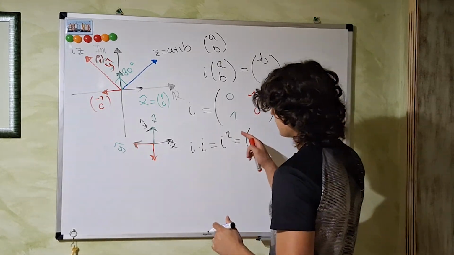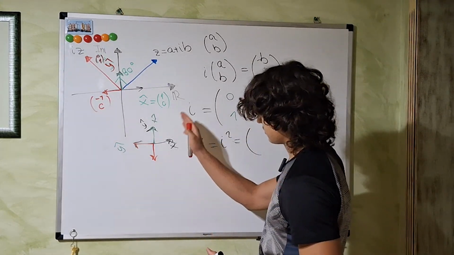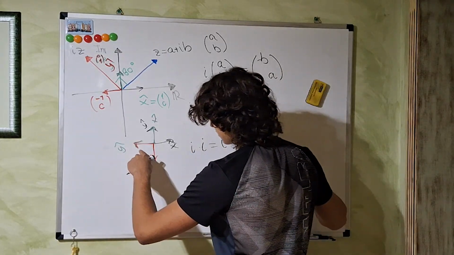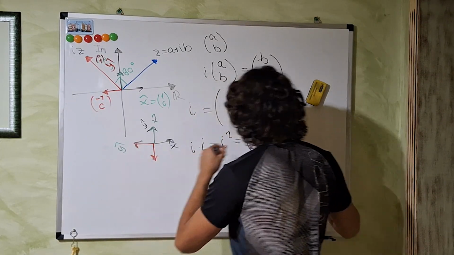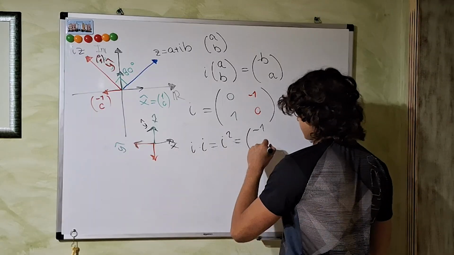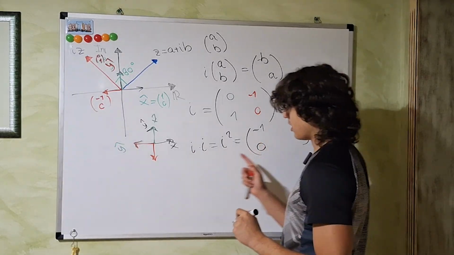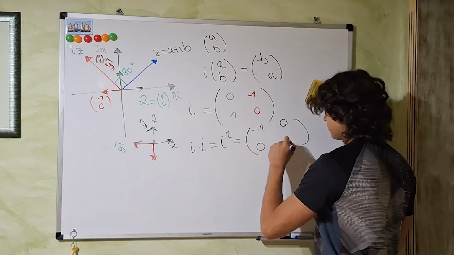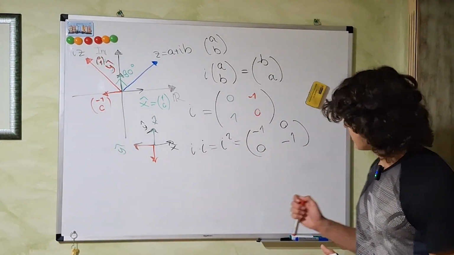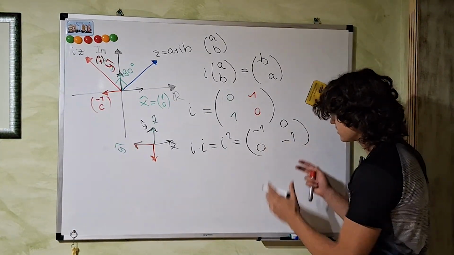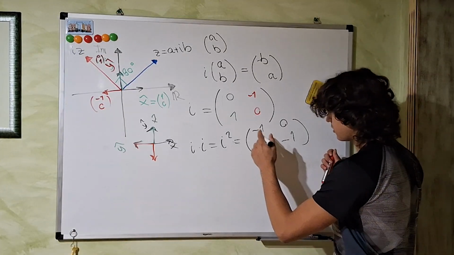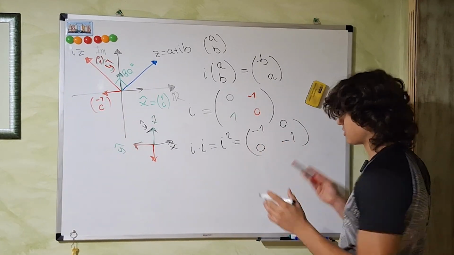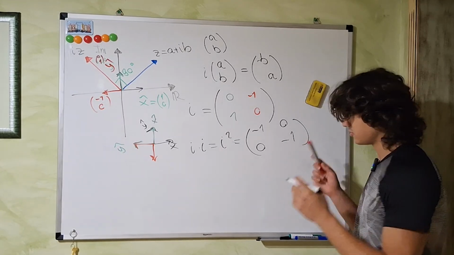matrix. First, let's find the x hat vector coordinates. The x coordinate is -1, the y coordinate is 0, and for the y vector, the x coordinate is 0 and the y coordinate is -1. Okay, so we have this matrix, but we can also factor out the -1 because it multiplies every element in the matrix, and of course it does nothing to 0.